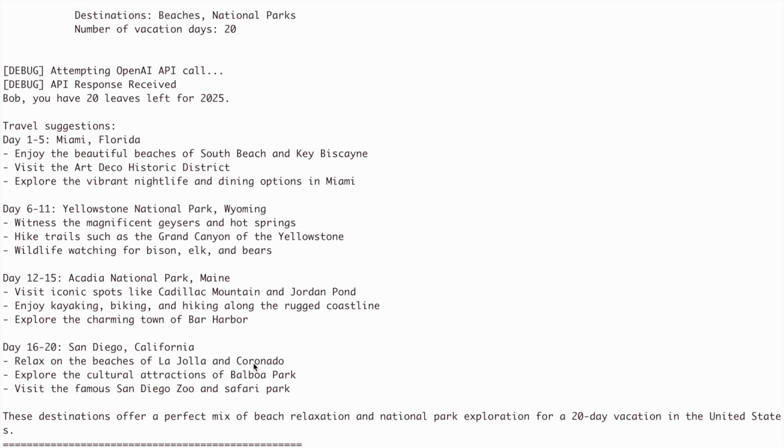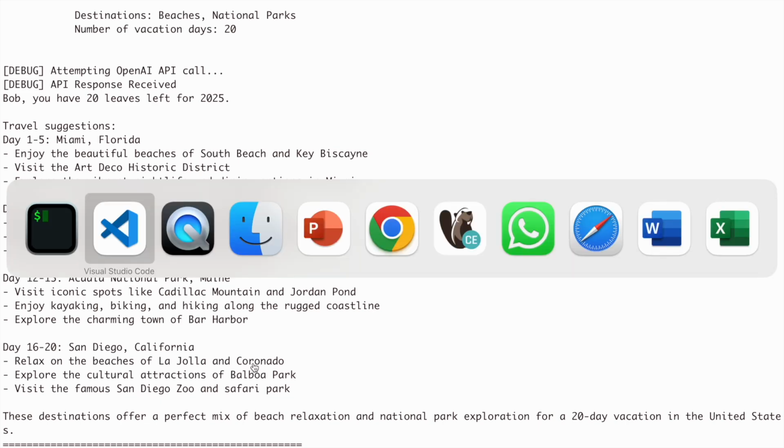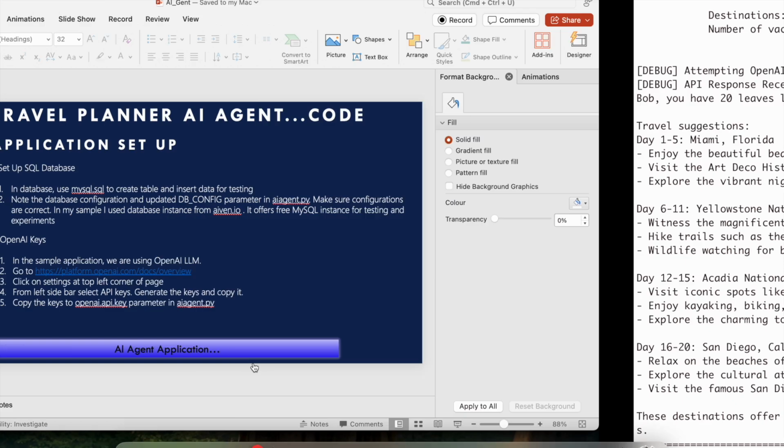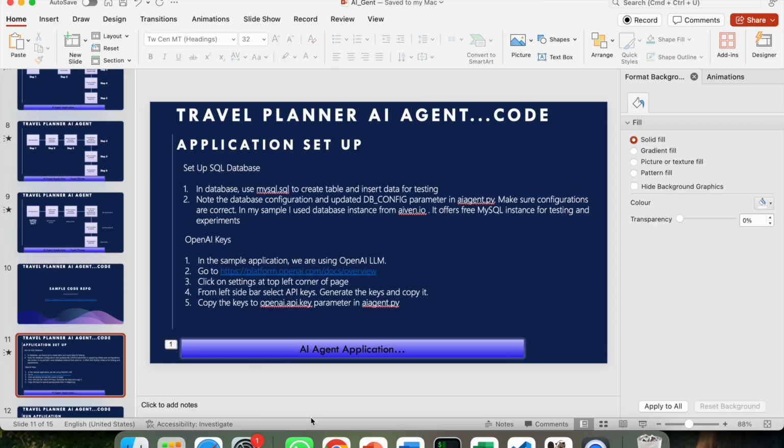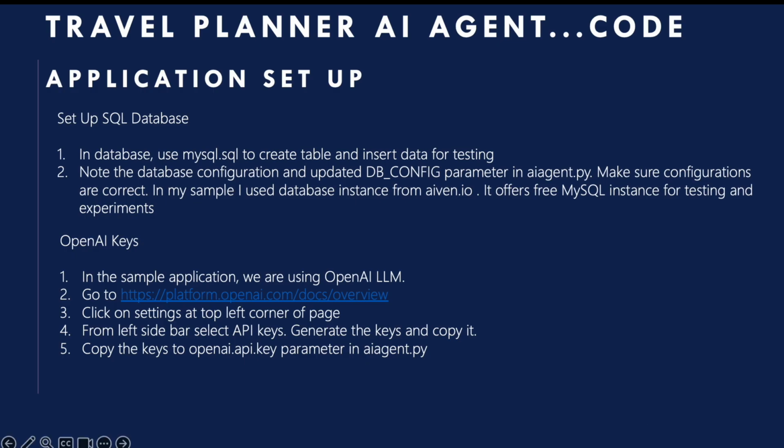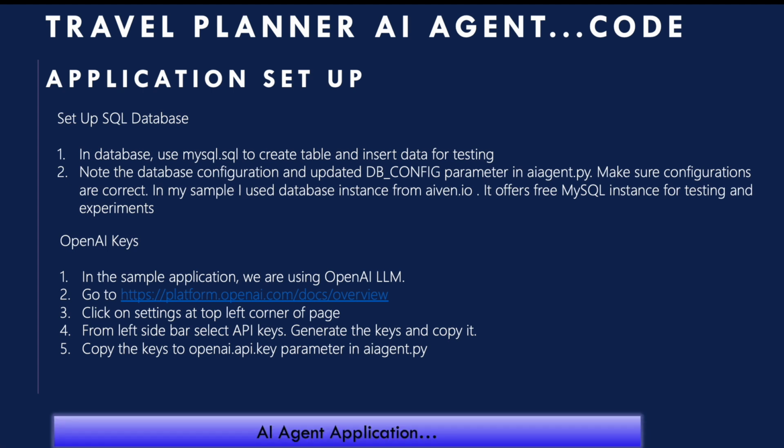So it has suggested an itinerary for 20 days, and 20 days were available to me in my database. So it has retrieved the number of leaves left and created an itinerary for me using the LLM. This entire process is also known as RAG, and that is what we have seen in the tutorial. So this covers the entire thing.